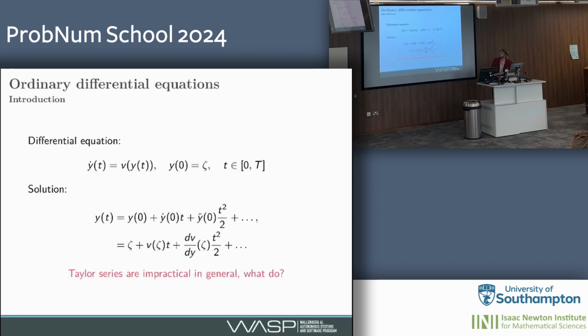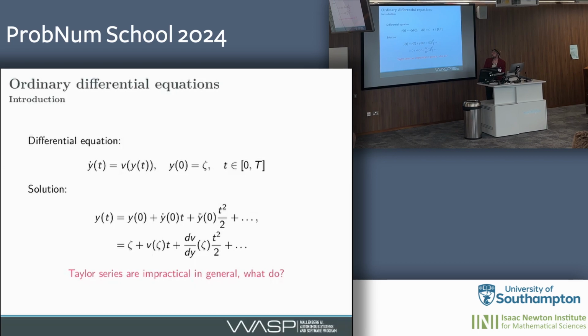So what's a differential equation? Well, John told you what a partial differential equation is yesterday, and he did it very well, very elaborately. I'm not going to do that. I'm just going to say there's this function y, and there's this dot over it, which means it's the derivative of y. And if it equals some function evaluated at y itself, then we have a differential equation.